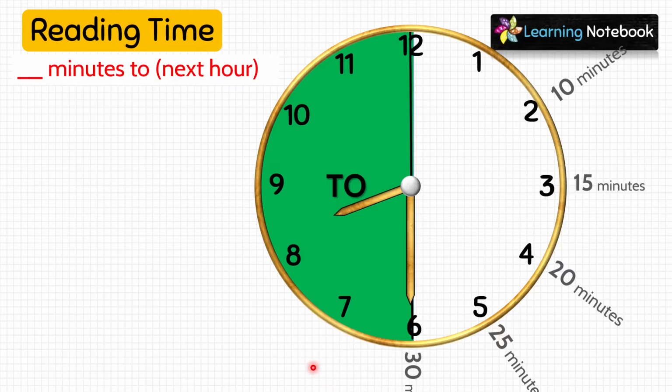Now let's see some examples when the minute hand is on the left side of the clock, that is in this green part. So we will read the time as dash minutes to next hour. So when the minute hand moves to 7, 35 minutes have passed.